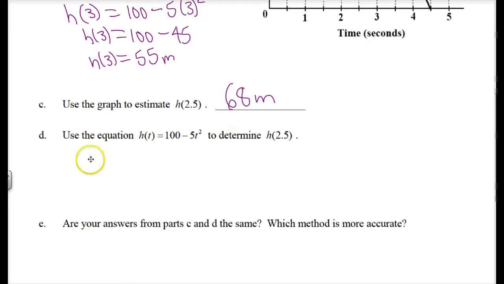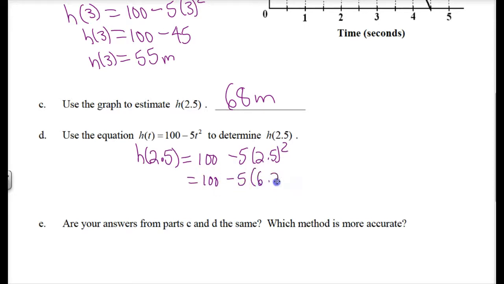Use the equation to determine h of 2.5. Well, here it is. There's the formula. So let's substitute: h of 2.5 is equal to 100 minus 5 times 2.5 squared. It's 100 minus 5 times 6.25, which is 100 minus 31.25, I think.